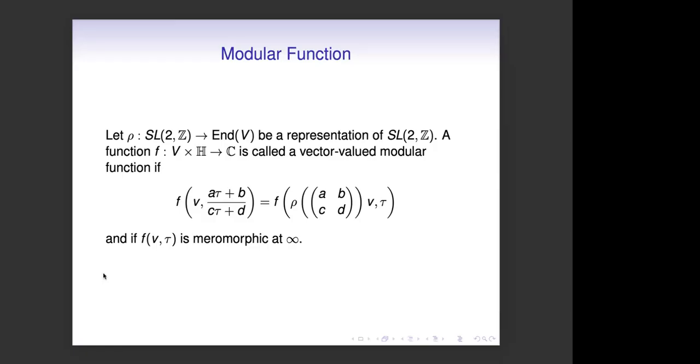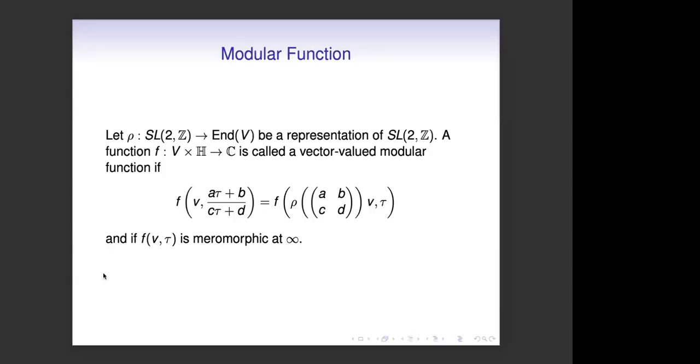So what that means is you have a vector space that carries an action of the modular group, and then a function on the upper half of the complex plane with values in this vector space is said to be a vector-valued modular form for this if the modular S transformation via Möbius transformation coincides with the action of the modular group on this space. And a little bit more generally, a modular form would be if there were some additional prefactor corresponding to weight, and then there are often some additional data.